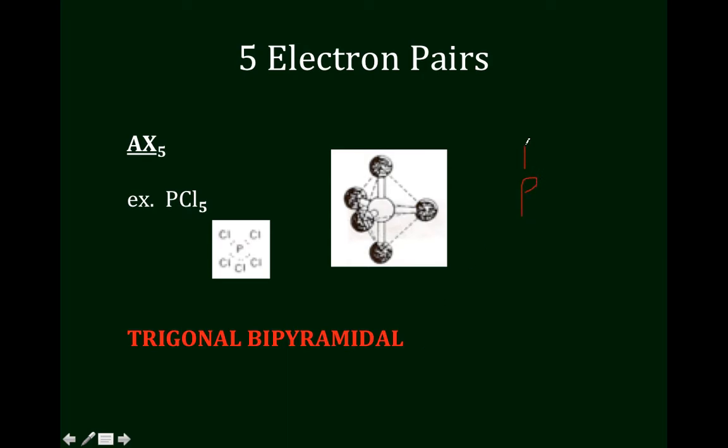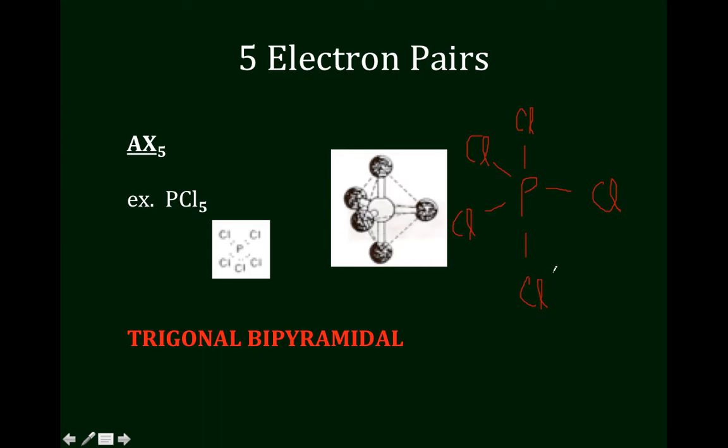I'd start by putting a chlorine up, then I go straight down and put a chlorine, and then I can put a Cl straight out on this side, and then I have these like so, and I'm trying to show that these are in the equator, and then a chlorine up and a chlorine down below. So a very odd shape. You won't run into it very often, but it is totally fair game when we get around to a test.